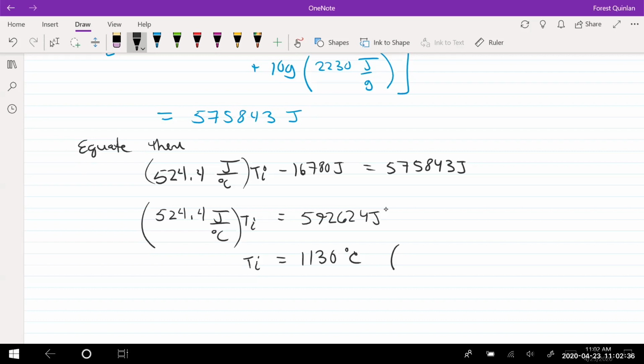Is that 2066? Yep. Because we are blacksmiths. Does that seem like a reasonable temperature to get a piece of metal up to?